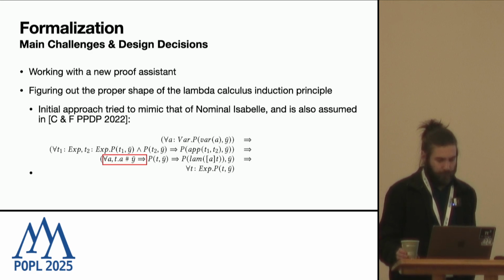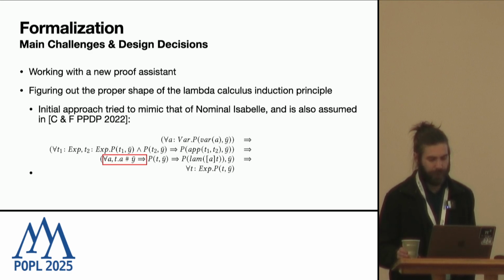This is effectively saying that for the lambda case, we only have to prove it for only some atoms, not all atoms, which makes it easier for the user to use this induction principle, but makes it very hard for us to actually prove it.